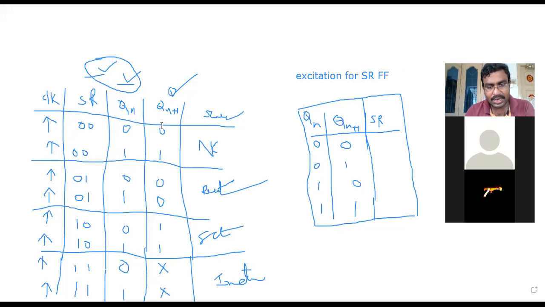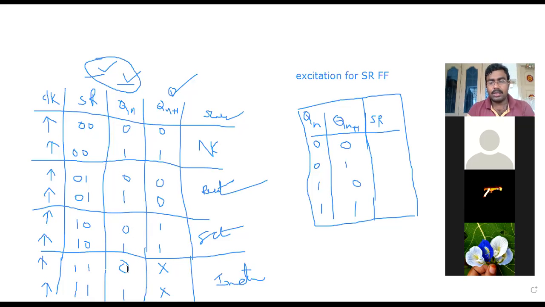Out of all these states, how many combinations are there like present state 0, next state 0? Yeah, there are two combinations matching our present state 0, next state 0 combination.